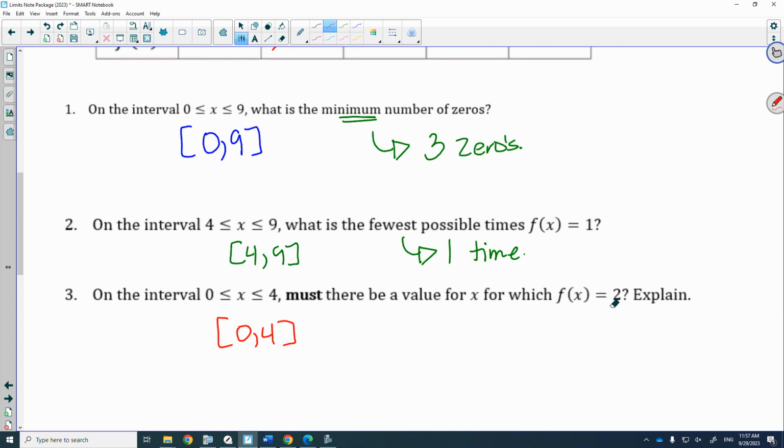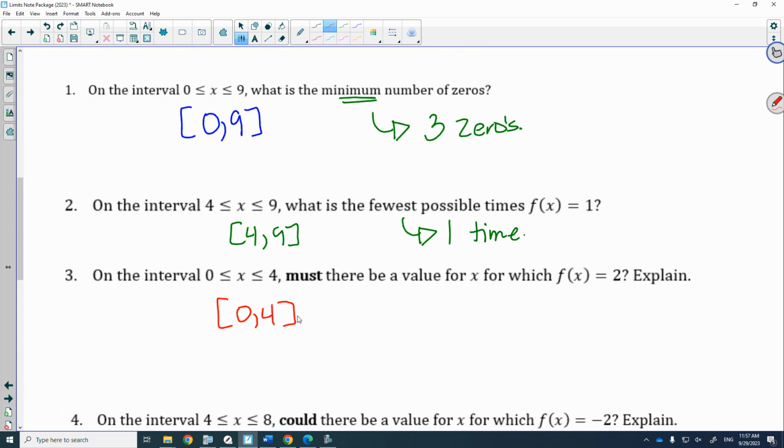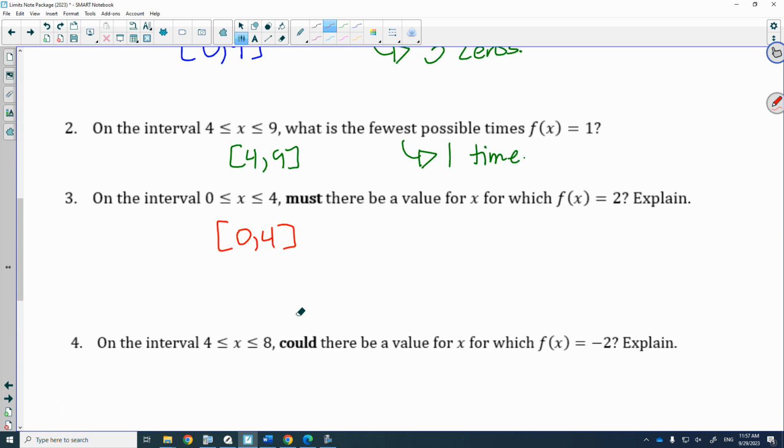When we're going from 1 to -5, we're not going to be cutting 2. But as we go from -5 to 3, are we guaranteed to have a y value of 2? Yes. Now, how would we write this if this was a free response question on your AP exam?